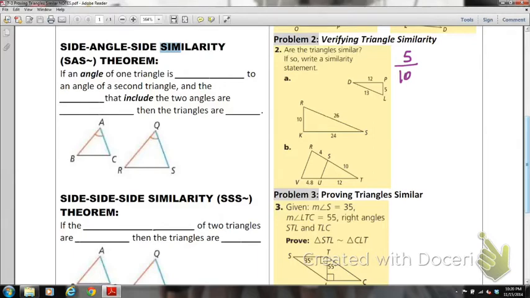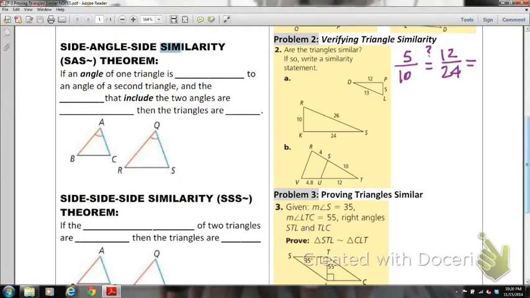So those are the corresponding sides, and we're going to see if that is equal or not. We don't know yet. Is that equal to, let's look at the second longest length, or the middle length of the first one, which is 12. And then let's look at the middle, or the second longest length in the second triangle, which is 24.